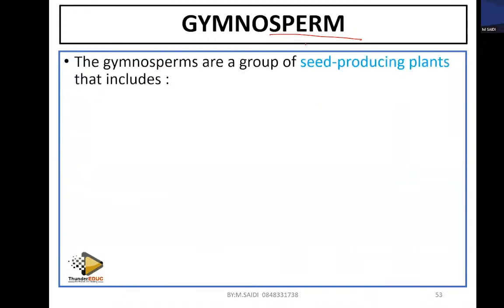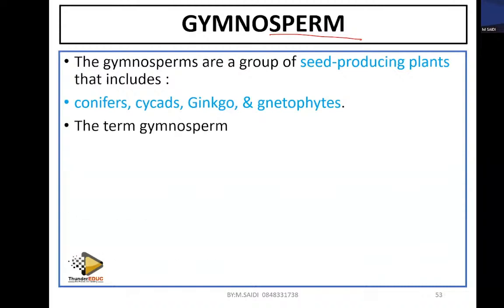Gymnosperms comes from the word which means seeds are naked. They produce seeds, and these seeds, in most cases, come as groups. They include conifers, cycads. We talked about this. Conifers, cycads, ginkgos, and then gnetophytes.